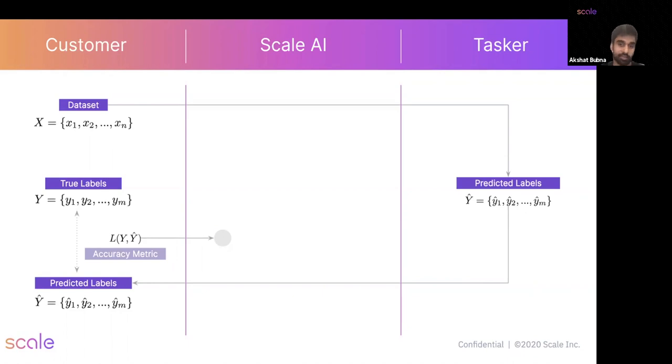And of course, customers don't actually have access to this ground truth. So in practice, how this works is that for the labels we send back, they might sample a random portion of these and then give us feedback based on those. And so in this really simple case, Scale is sort of a broker between customers and taskers, and we're just passing the work along.